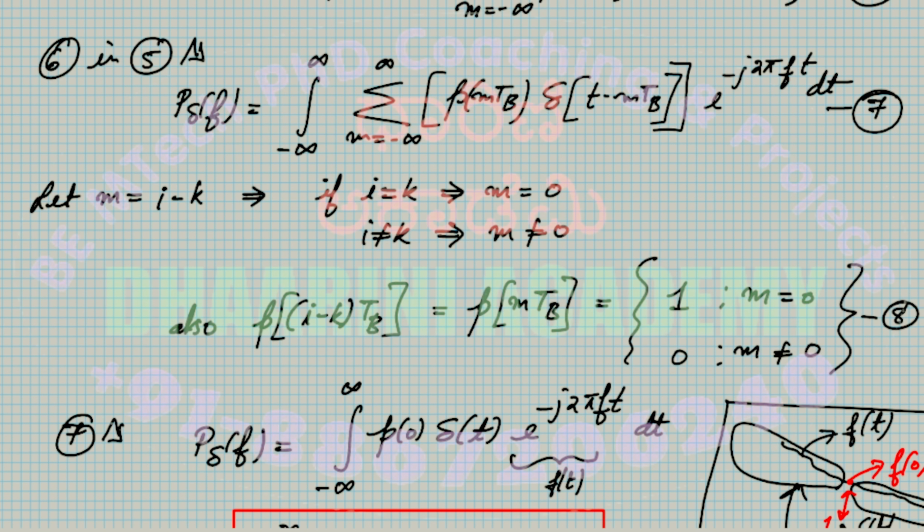Let's consider a diagram wherein in this equation P delta of f, there is a value p of 0, which is equal to 1 anyway. I'm going to replace that p of 0 by 1, so neglect p of 0. There is a product: delta of t into e to the power minus j 2 pi ft.